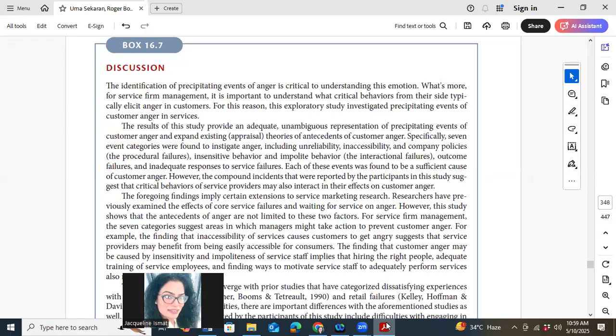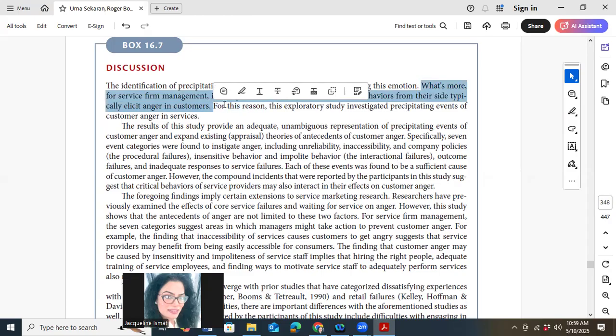The identification of precipitating events of anger is critical to understanding this emotion. And anger is an emotion, right? To understand it, we should look at all the emotions. What's more, for service management it is important to understand what critical behaviors from their side typically elicit anger in customers.